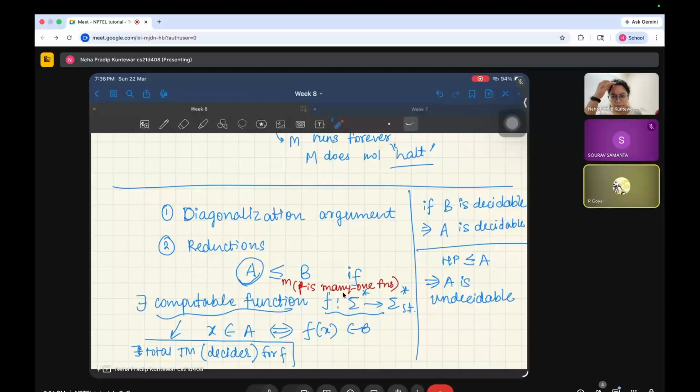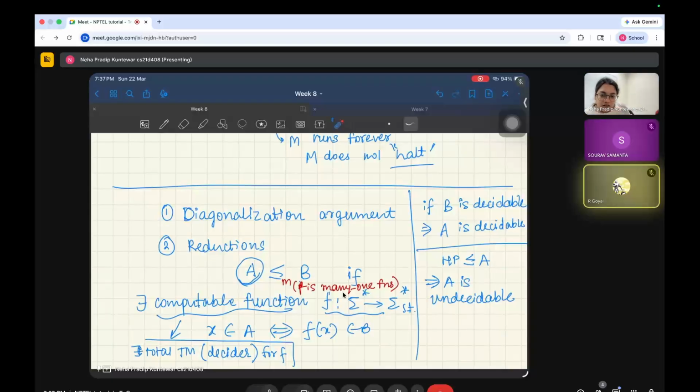If both are decidable, then even with the many-one mapping, since the complexity is the same, if A can be reduced to B, then B can also be reduced to A, but that could be via some other function g. It's not via f inverse, because f inverse is by definition not a function. Even if we don't look at A and B, if f is many-one, then f inverse cannot be a function at all.